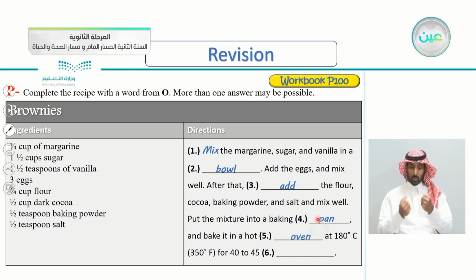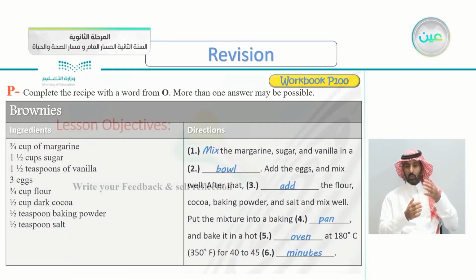So we take the pan and put it in a hot oven at 180 degrees Celsius or 350 degrees Fahrenheit for 40 to 45 what? Hours? No, of course, 40 to 45 minutes.